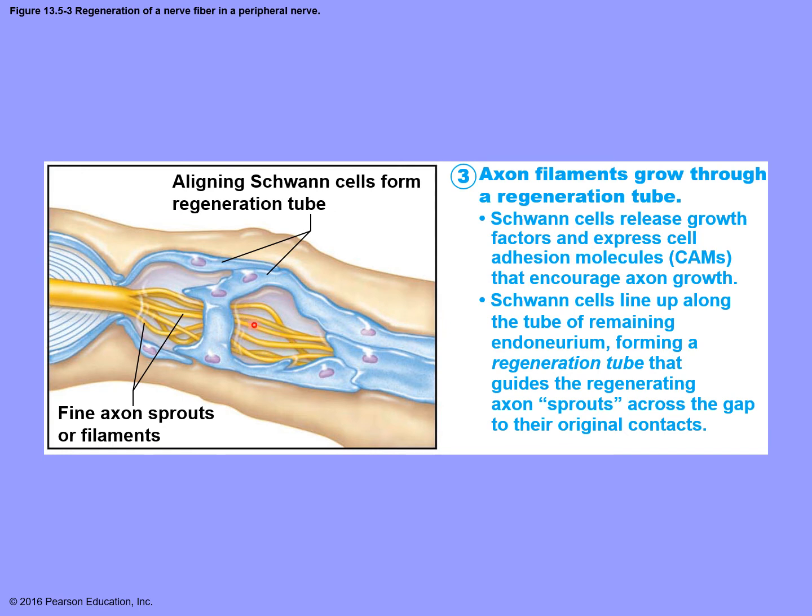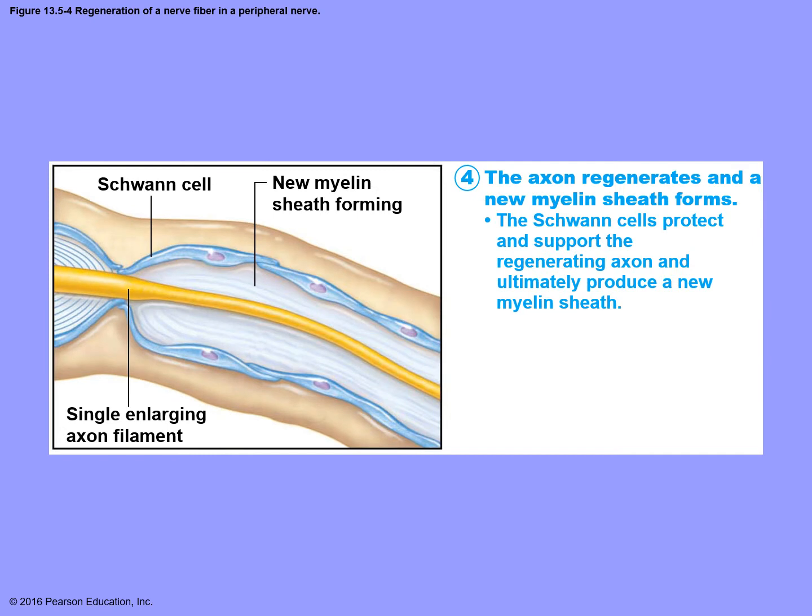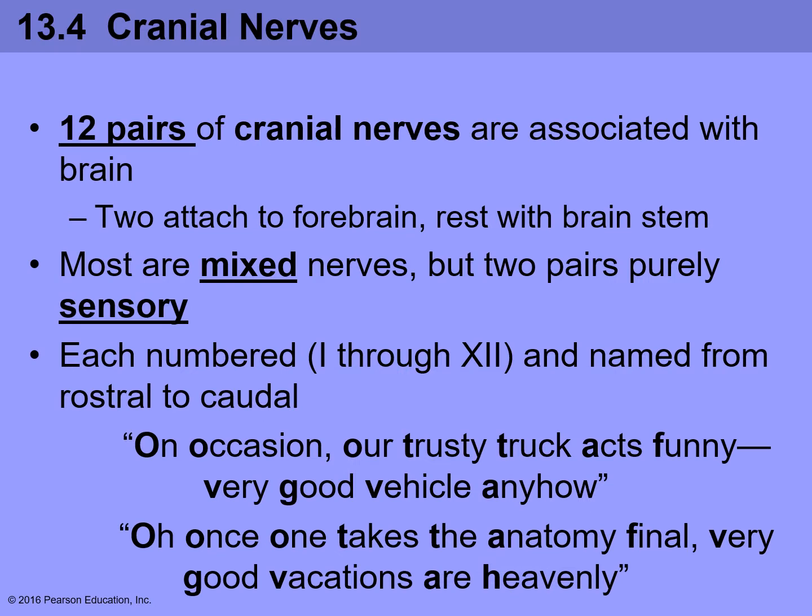It's trying to help line the pieces up. If you're going to regenerate that axon, you need the pieces to line up. So once the axon has regenerated, you form a new myelin sheath around it, and hopefully it has all lined up properly. But that's only in the peripheral nervous system.